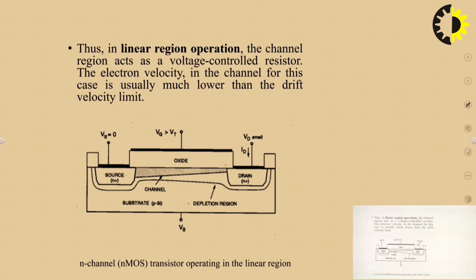Here graphically it has been shown that a channel is present between source and drain for a positive value of VD. For a small positive value of VD, the channel is formed, and so the current will flow between source and drain.